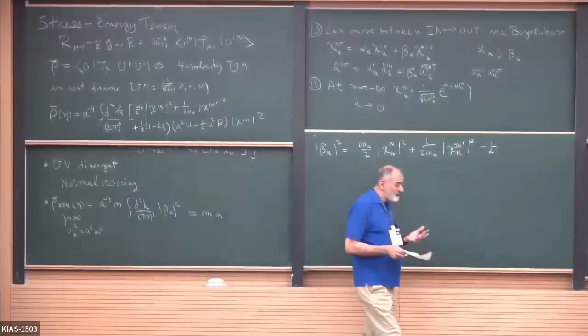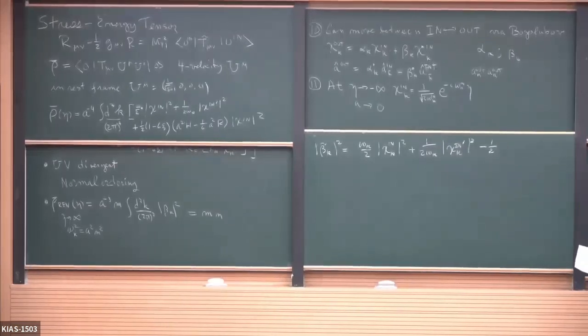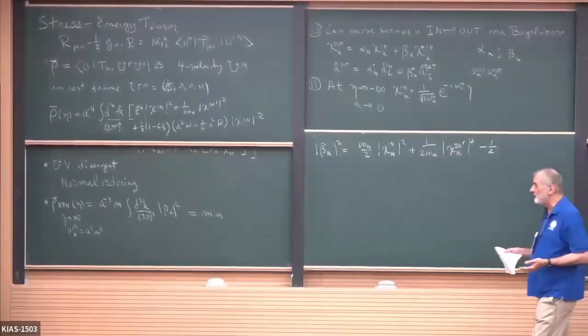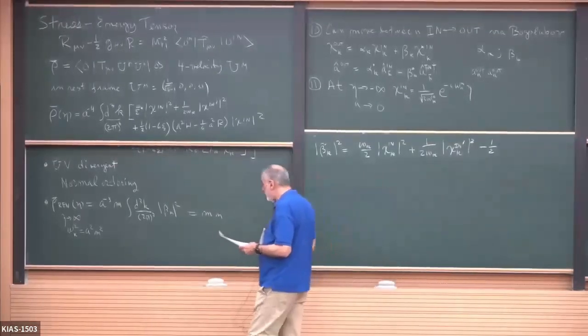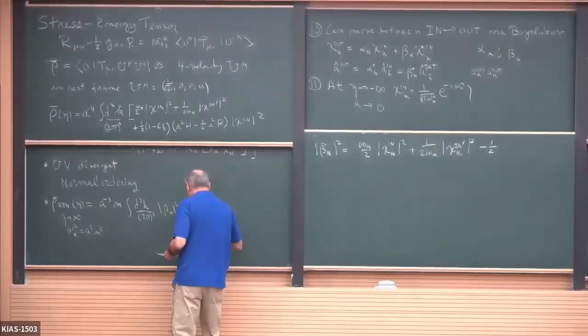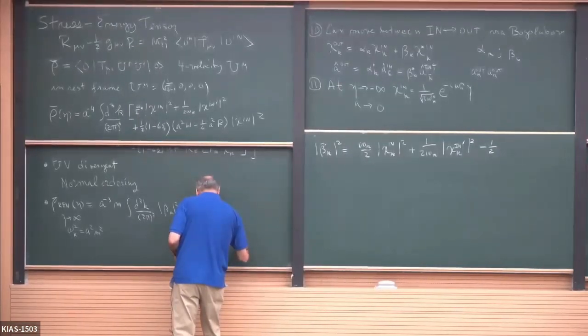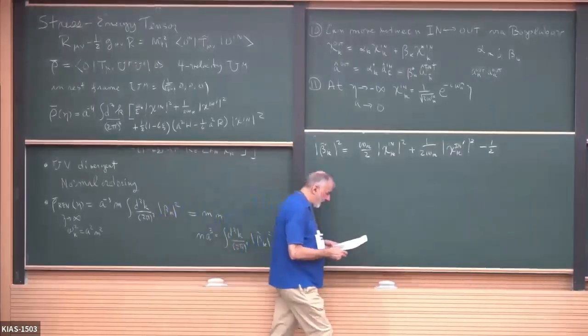So in the end, it's exactly what you expect it to be. The energy density is the number density times the mass at late times. And N a cubed is just related to beta of k squared.